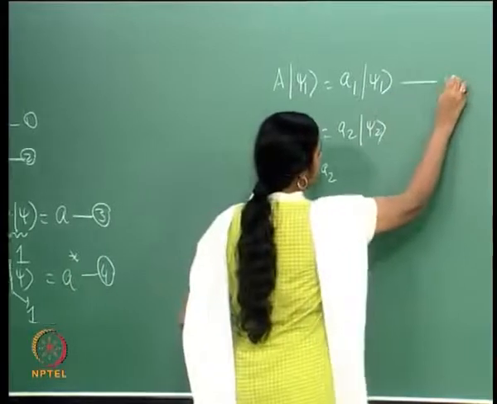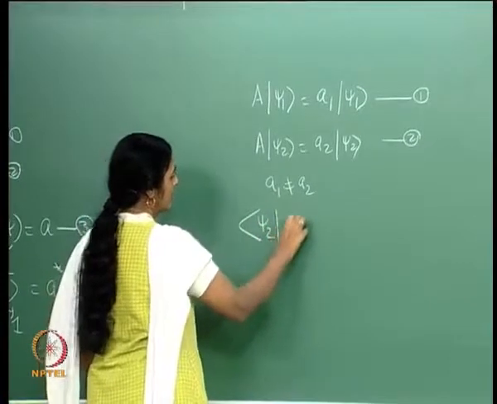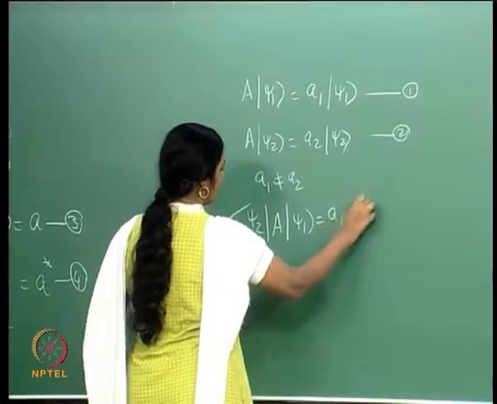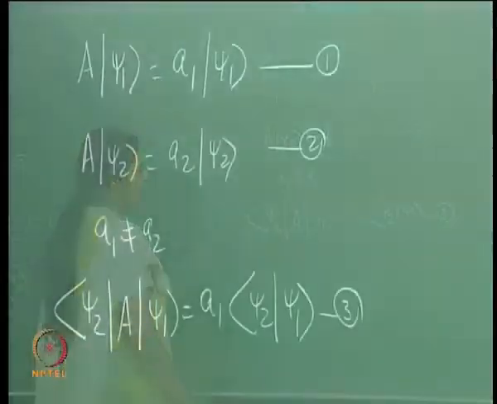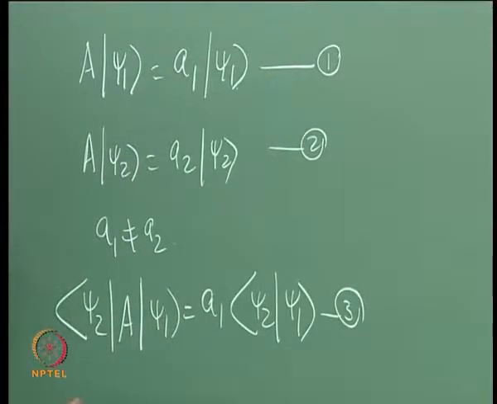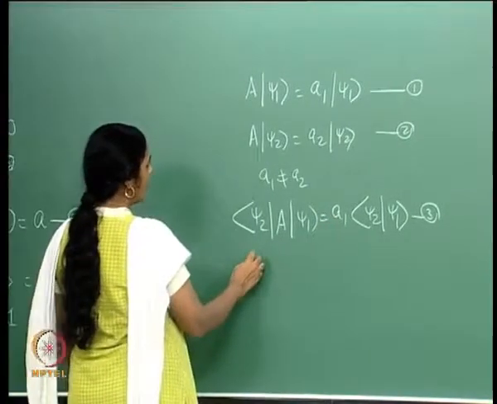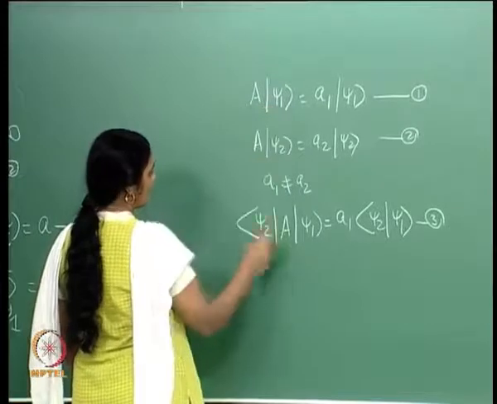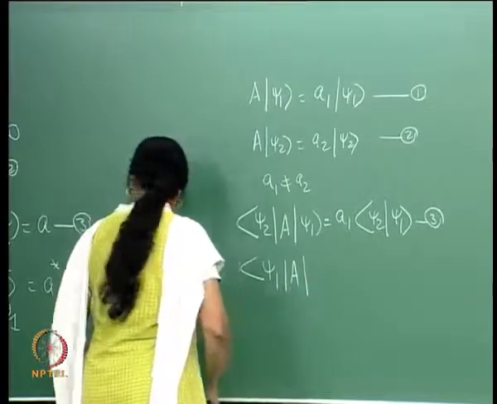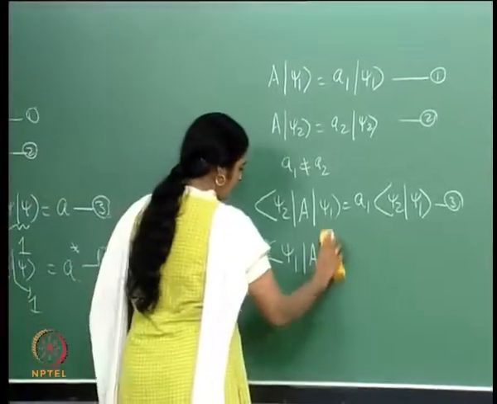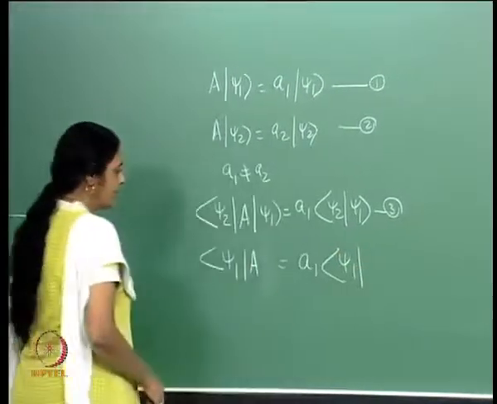Then from equation 1, I get this. I also have, so this object is there, I also have the bra of this, <psi1|A> is equal to a1 <psi1|.